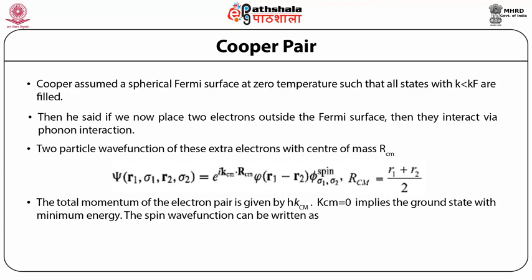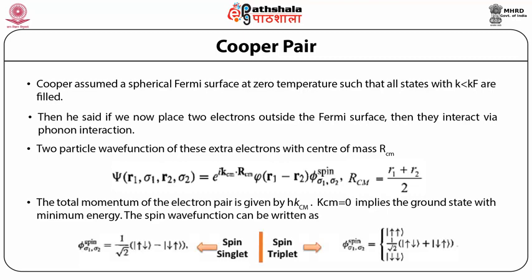So this implies the ground state with minimum energy, and the spin wave function can be written as singlet and triplet. In this case the spin singlet is written as 1 divided by root 2, multiplied by the state where the first electron is up spin and the second is down, minus the state where the first electron is down and the second electron is up.